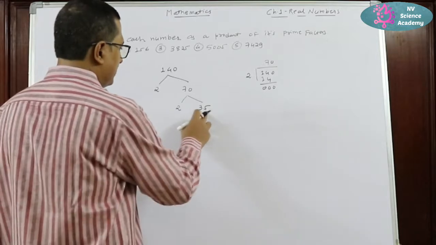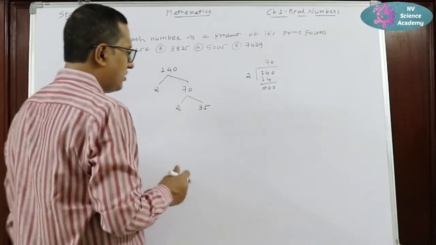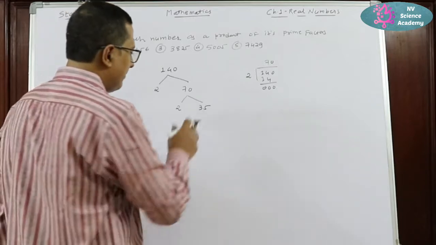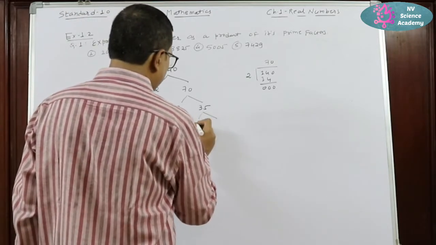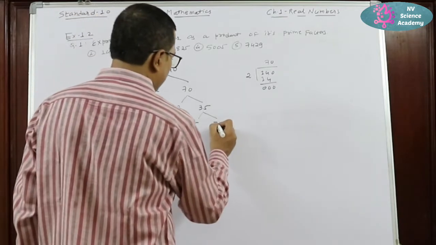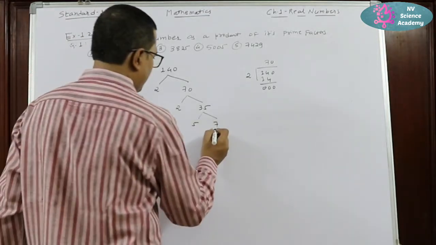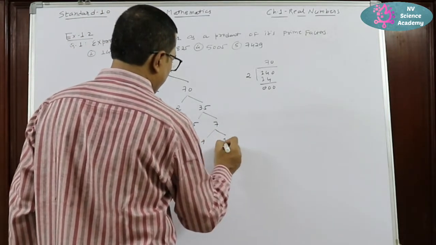Here the sum 3 plus 5 is equal to 8, so it is not divisible by 3. We are going to divide it by 5. I know the table of 5, so 5 sevens are 35, so the answer is 7. Now 7 is itself a prime number, so we can only divide 7 by 1.